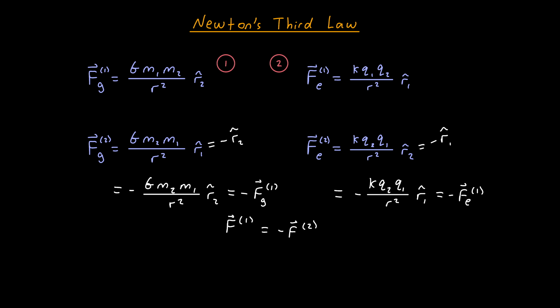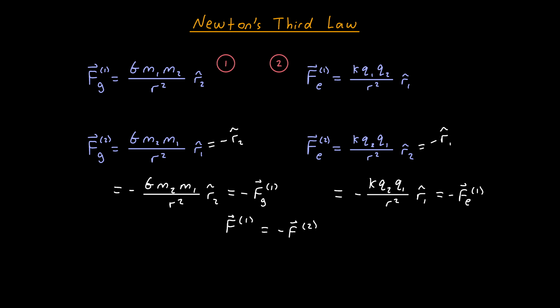So that means that if one object ever attracts another object, the other object will also attract the first object right back. If one object ever repels another object, that second object will repel the first object right back. Indeed, in the same way that the Earth is attracting you down to it right now, you're attracting the Earth up to you.